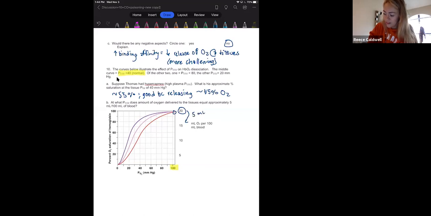So this is moving 5 milliliters down to 15, and then we work our way over. And what we see is that when we work our way over, we are at about 40 millimeters of mercury PCO2.